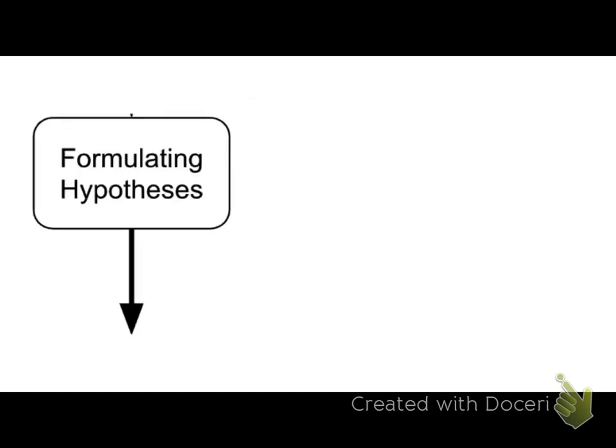Next up, formulating a hypothesis. After we've made our observations and we've decided what our system is, now we have enough information to make a hypothesis. Okay? Because in order to make our best guess of what is going to happen, what is the answer to our question, we have to have seen enough and known enough about our system to even make an educated guess.